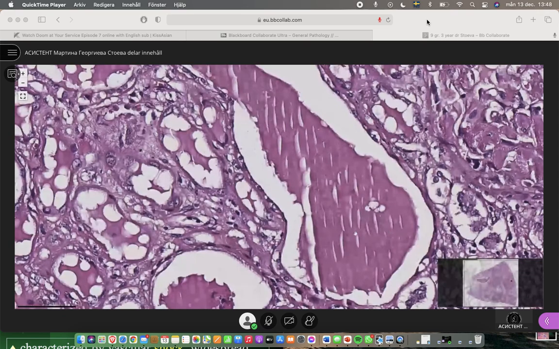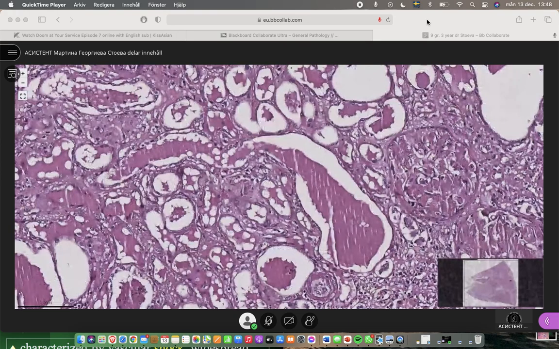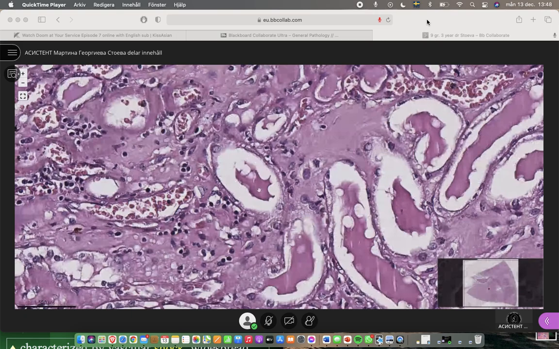The amyloid is in the interstitium between the capillaries, and it could be also in the interstitium between the tubules. If you are asked about the pinkish material within the tubules, say that this is due to the proteinuria. But these are not the beta-pleated proteins that are insoluble, characteristic for the amyloidosis.